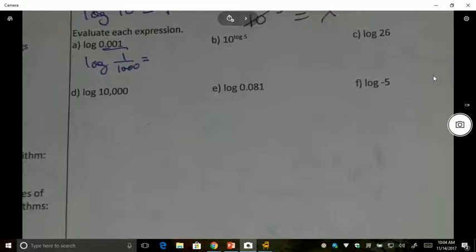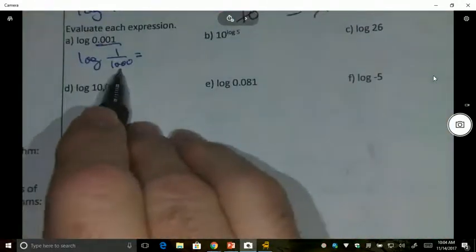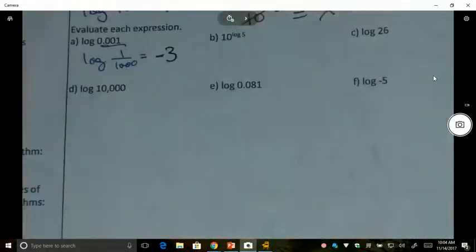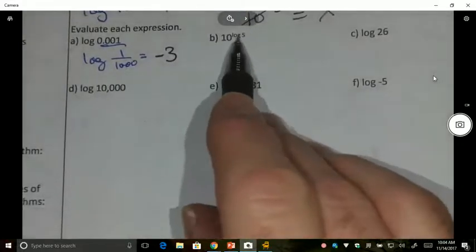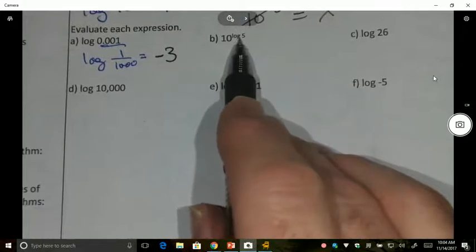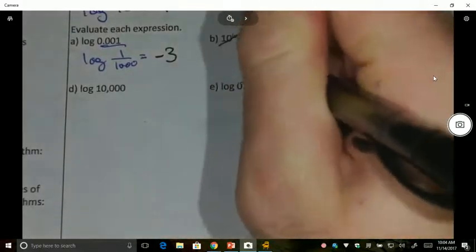But what do I expect my answer to be since I see a fraction inside the logarithm? Negative. So I'm thinking 10 to what power is 1,000? 10 to the third. But to make it the reciprocal value, 1/1,000th, I'd need to make it negative. The next one, there's an exponential. That's a log base 10. So those undo each other. The answer is 5.